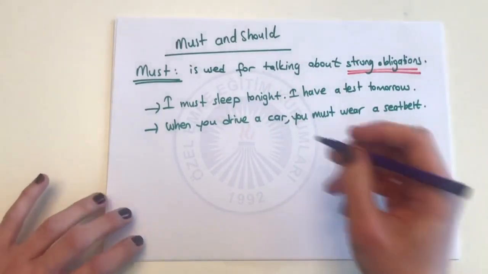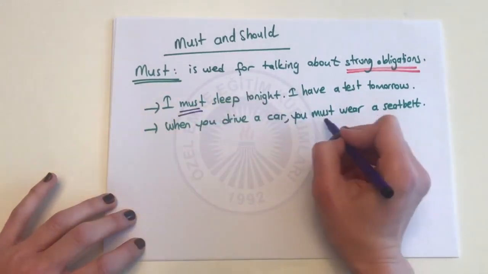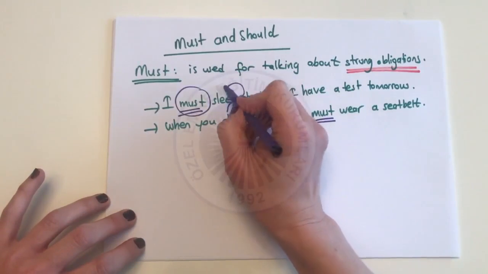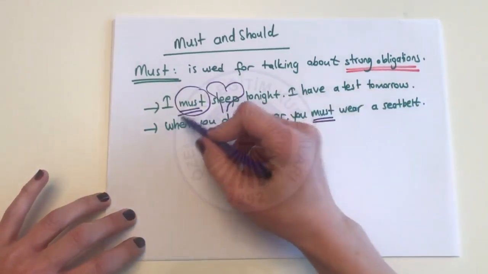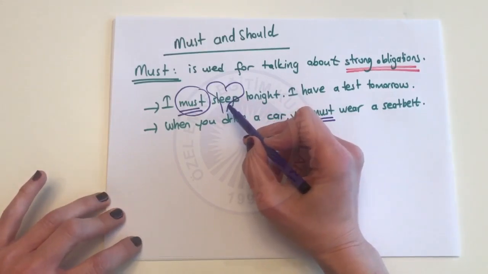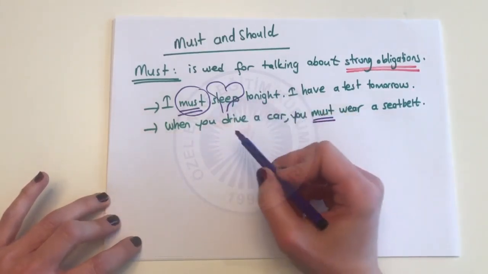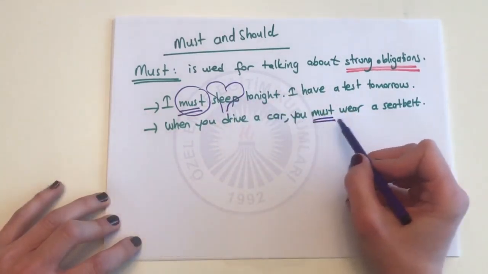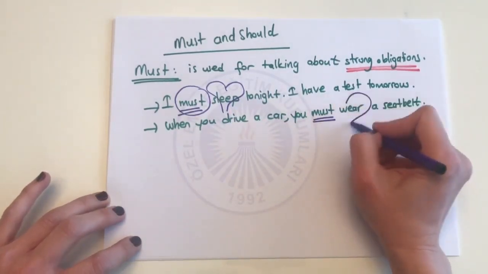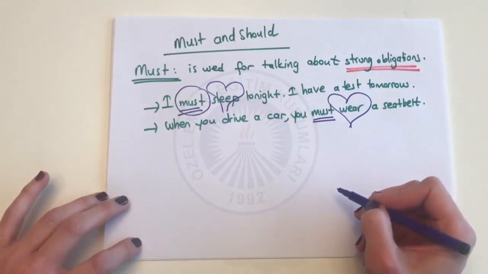As you see, we use must, and after must, we use just verb. I must sleep tonight. It shows strong obligation. Or when you drive a car, you must wear a seat belt. After must again, we use just our verb.